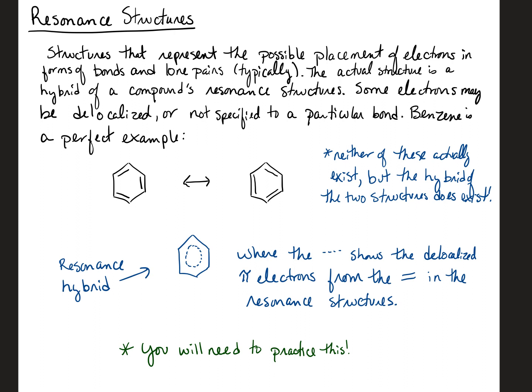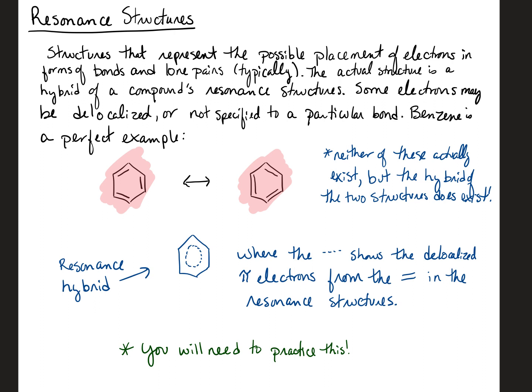What we found when benzene was discovered as a molecule is that we know it's got 3 double bonds, but in truth, they don't exist as alternating single and double bonds. That's not the way the molecule behaves. It's not the way it reacts.